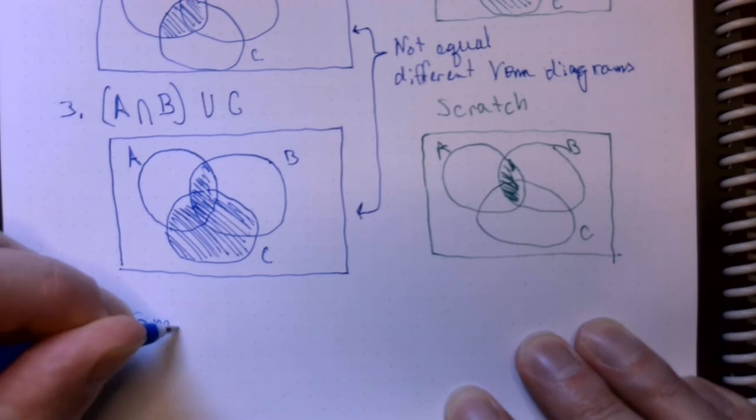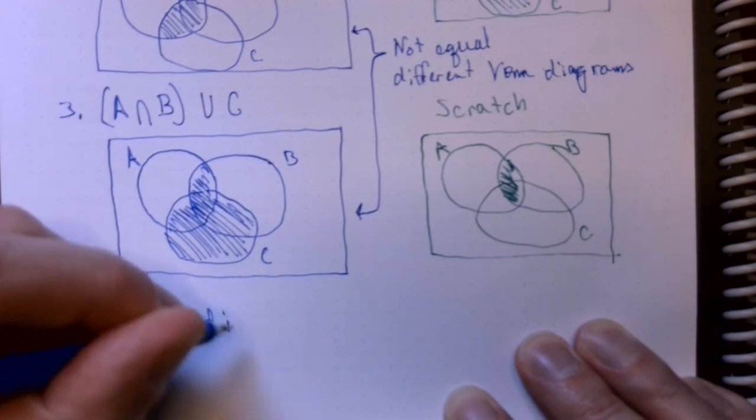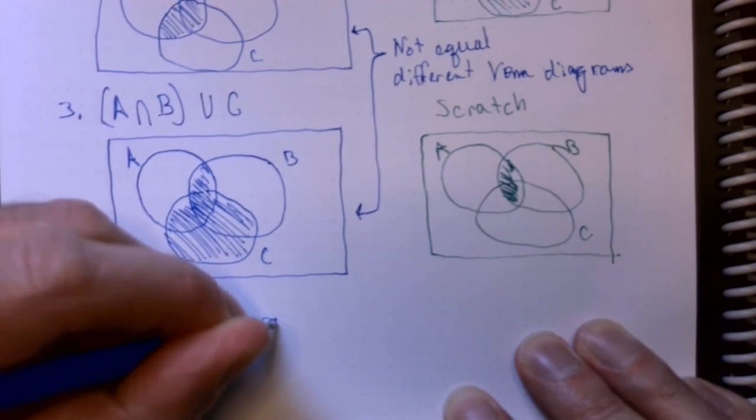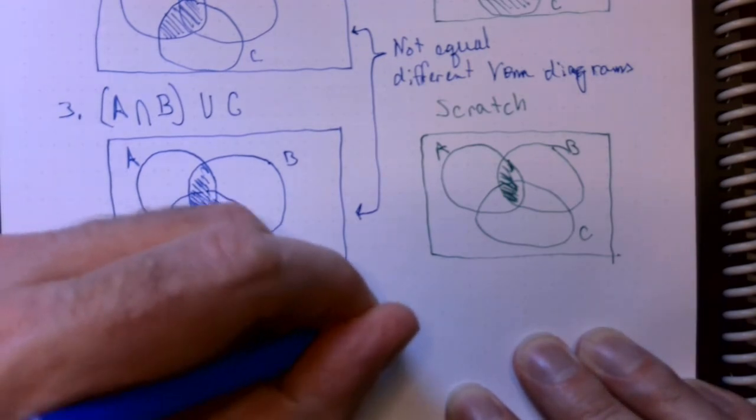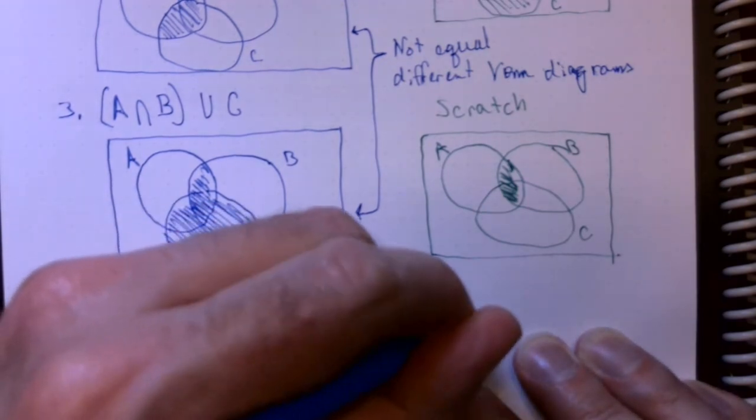Okay, so let me just make some note about that. Same Venn diagram, equal sets.